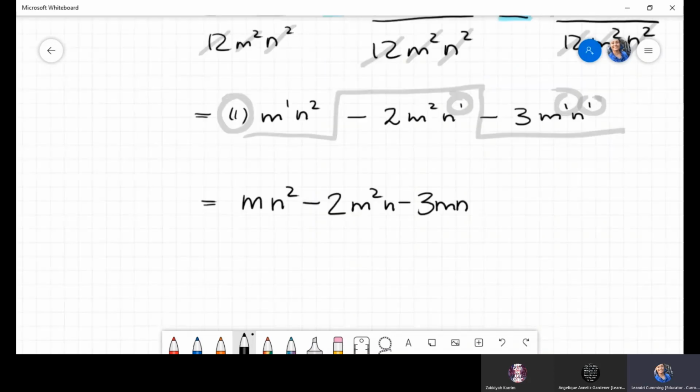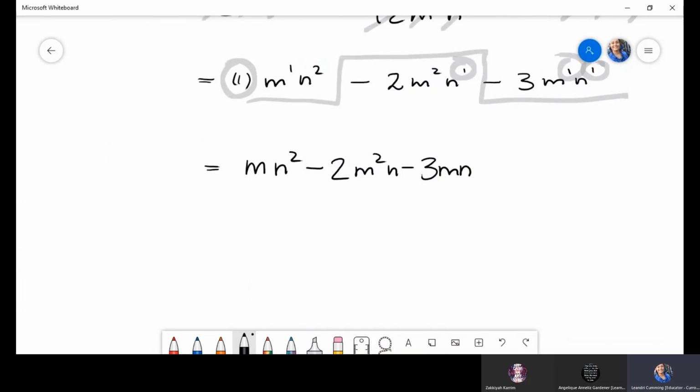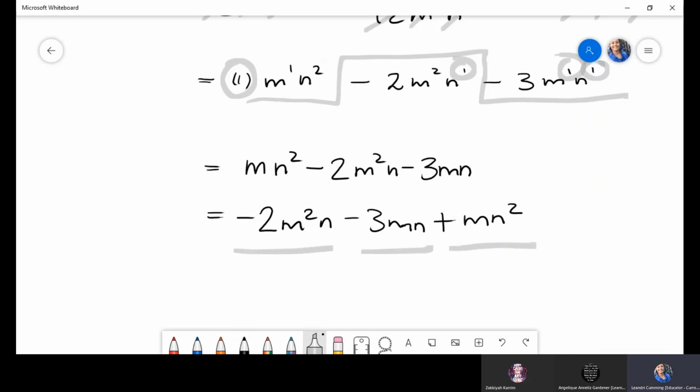And if you want to take it one step further, because we're working with an alphabetical order, this is optional: minus 2m squared n minus 3mn plus mn squared. That's very theoretical right now because we're descending the power of m, because m takes priority.